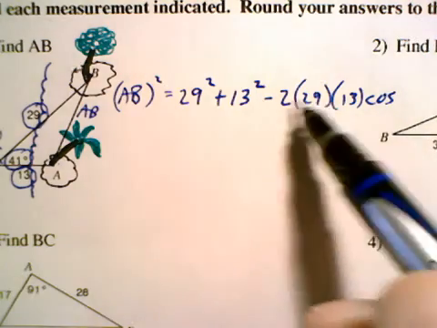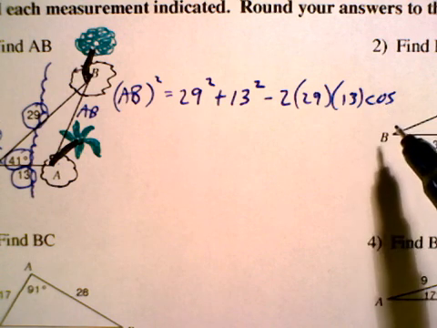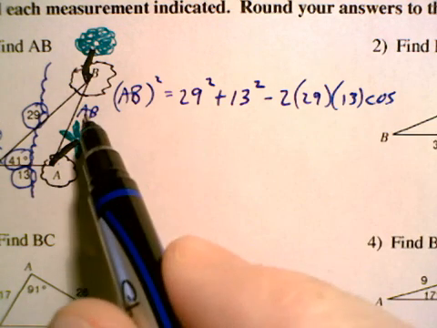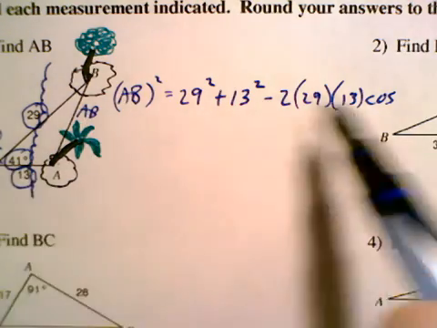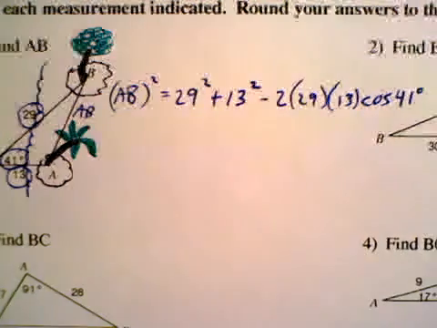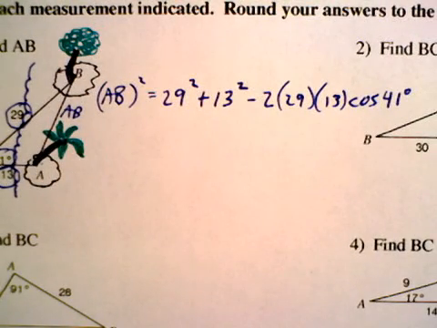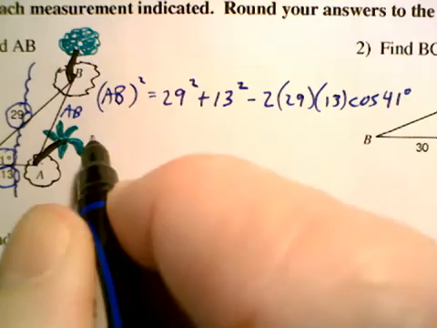So 2 times the product of the two sides multiplied by the cosine of the angle opposite the side that you're trying to find the length of. And so cosine of 41 degrees. When you walk your way through the problem like that, it's really hard to forget the formula, and hopefully that helps. But anyway, you could just type this into your calculator.